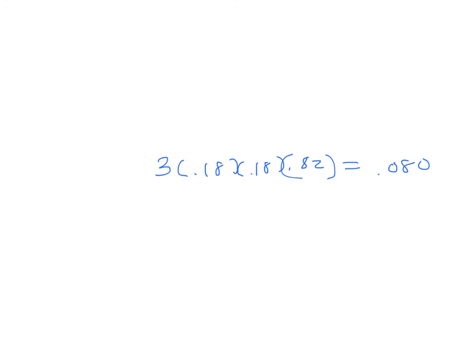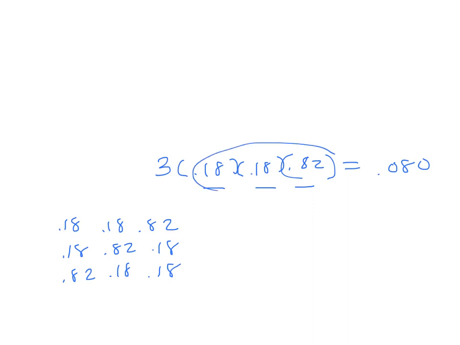Well, when I listed out my 3 different events, notice that I had the order of these different. So I had 0.18, 0.18, 0.82, and then the 0.82 is moving around depending on my position of my people. Okay, but these are all the same probability, so the order of these numbers does not matter. So this is okay here.